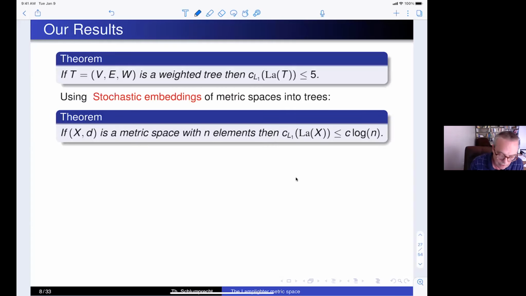Then, using stochastic embeddings, a very important term in my talk which I will define later, we can deduce that for every metric space which has n elements, the lamplighter metric space can be embedded in L1 with distortion up to log of the number of elements.